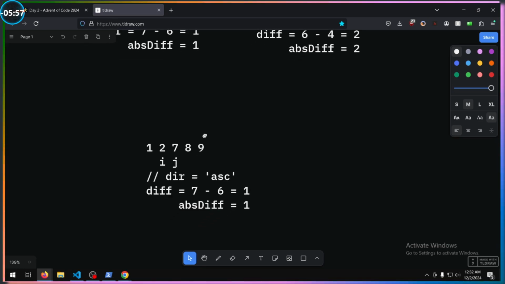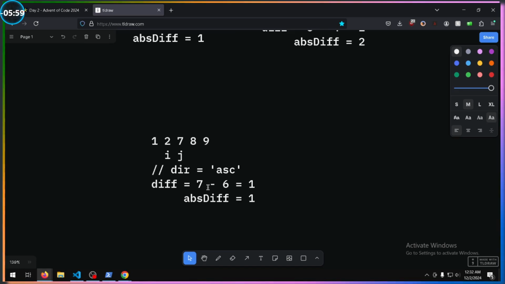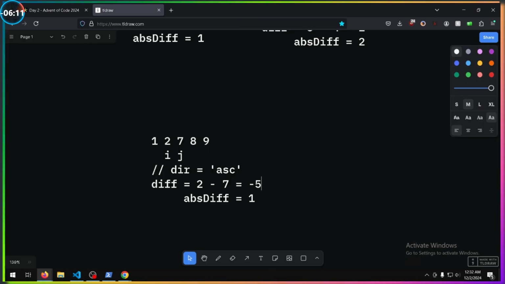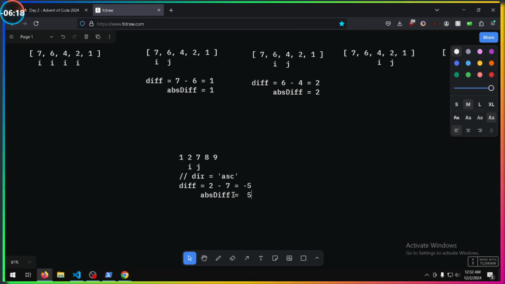Doesn't really matter here because the difference between 2 and 7 is, oh, is that -5, I think? 2 minus 7 equals, yeah, -5, which turns into an absolute difference of 5, but that is greater than 3.